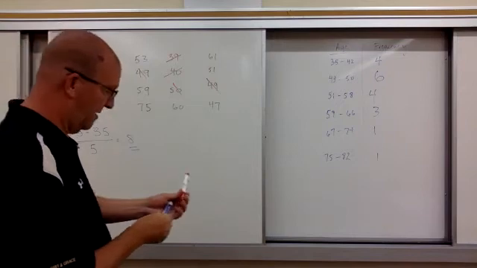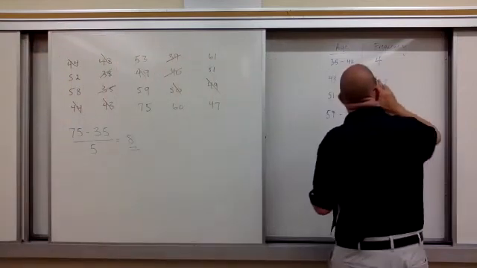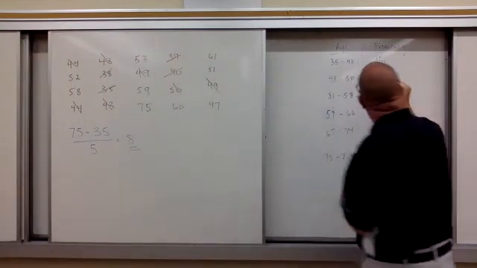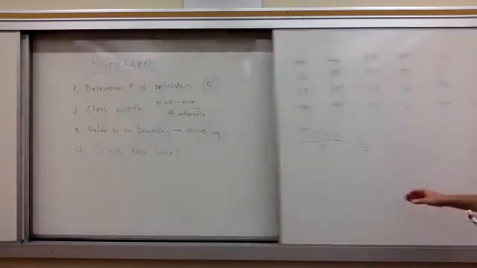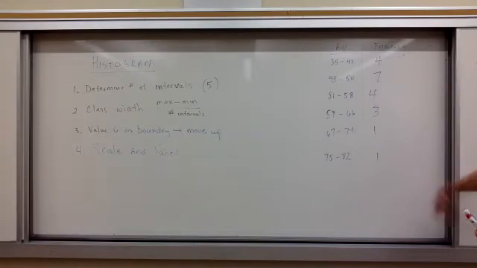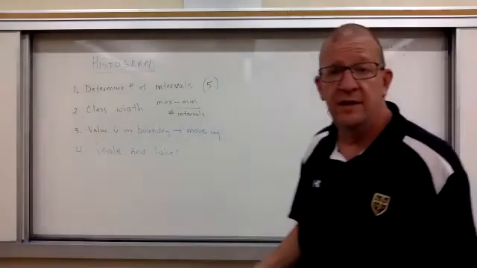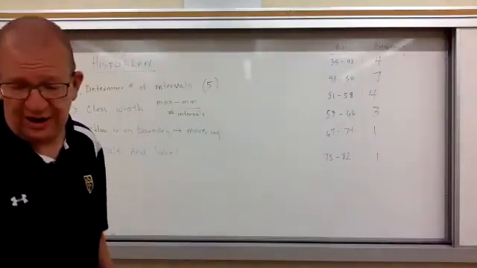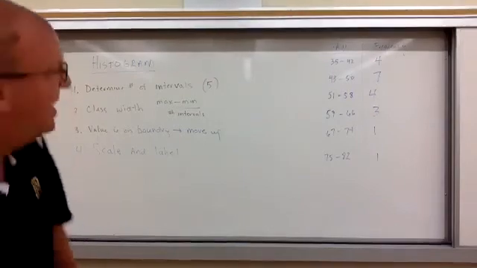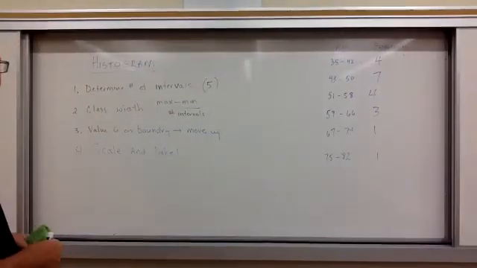Okay, so there we go. All right. Now, thankfully, we've done that. So there's our frequency distribution. Now that could be good enough. But now what we're going to do is create a histogram with that information.